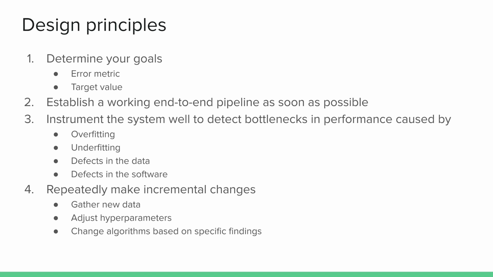For example, if you're doing image classification, you would like to have a high F score, or a high accuracy of that classification performance. If you're translating languages, you want to have a low word error rate. Anything that makes sense for your problem, this is the error metric that you will be working on, and you should define which value for this is acceptable.